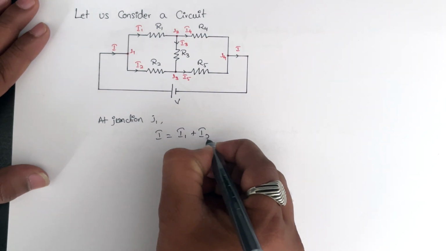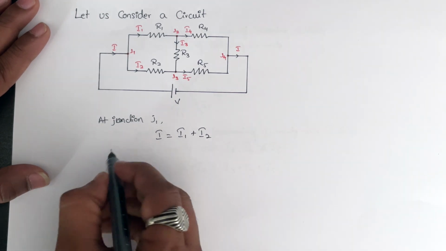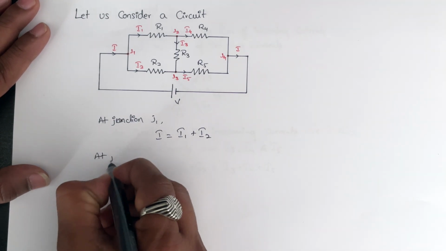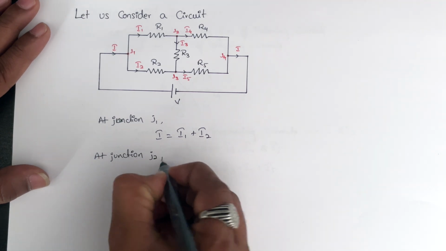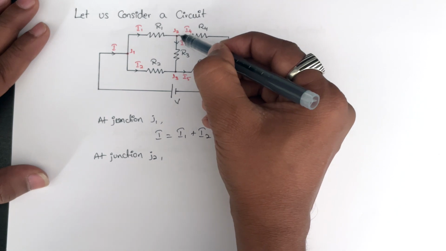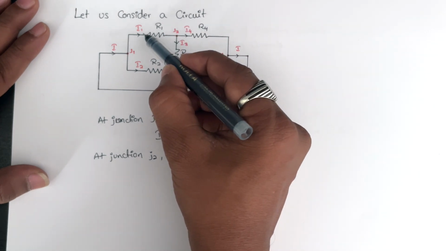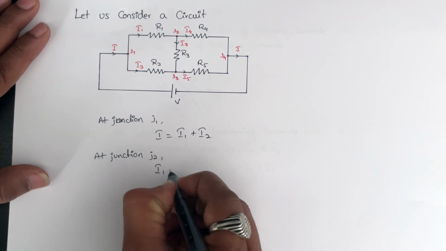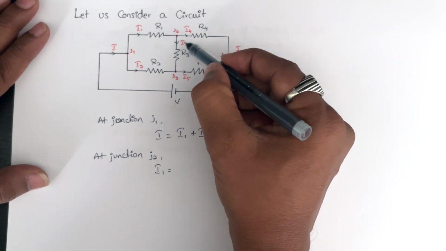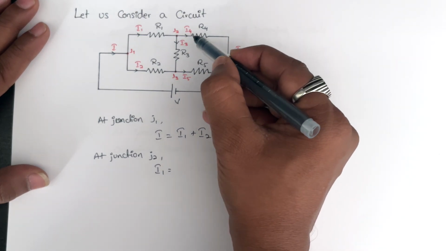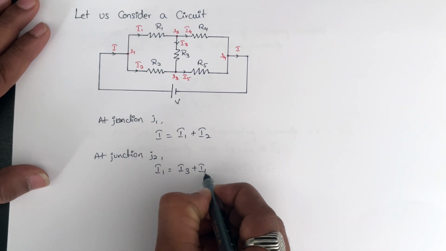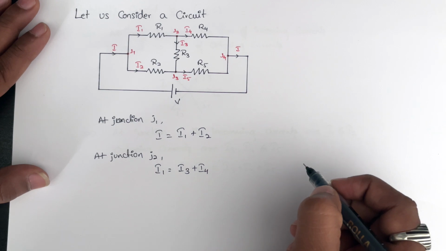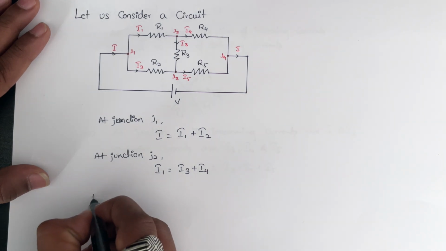I equals I1 plus I2. Similarly, here is junction J2, incoming current is I1, which will be equal to the outgoing currents I3 and I4. I1 equals I3 plus I4.